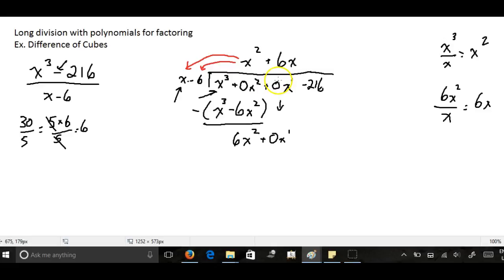And then we continue with the multiplication part of it. 6x multiplied by x. Let's get another color going in there. So 6x times x and 6x times minus 6. So 6x times x is 6x squared. And 6x times minus 6 is minus 36x. We are now going to subtract.